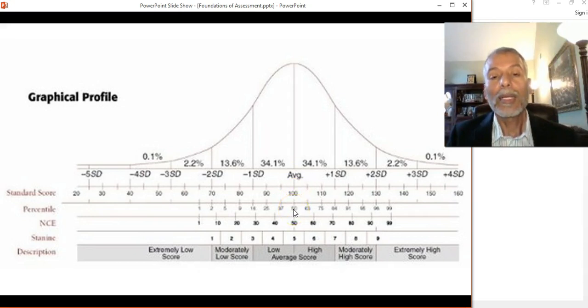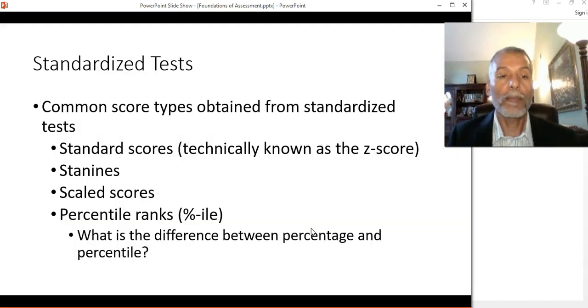And a standard deviation, when you do scaled score, is 3 points to the left or 3 points to the right. Every time you move 3 points, that is one standard deviation. At some point, we'll show you, when you look at the self-test, they use some scaled scores.